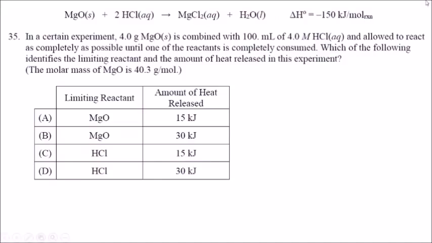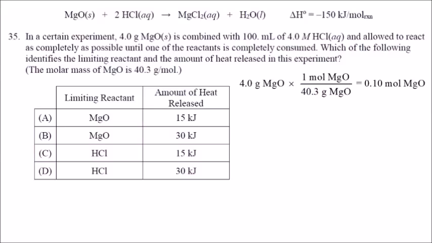Number 35 involves a reaction between magnesium oxide, MgO, and hydrochloric acid. This is a limiting reactant problem. We begin with 4 grams of MgO, which has a molar mass of approximately 40, so we have 1/10 of a mole of magnesium oxide.